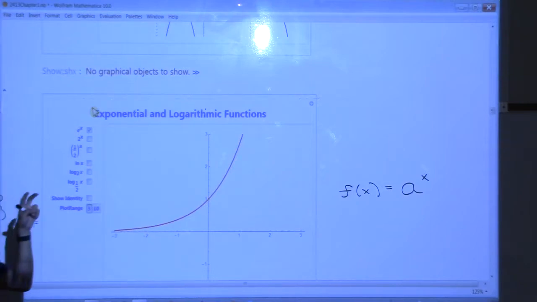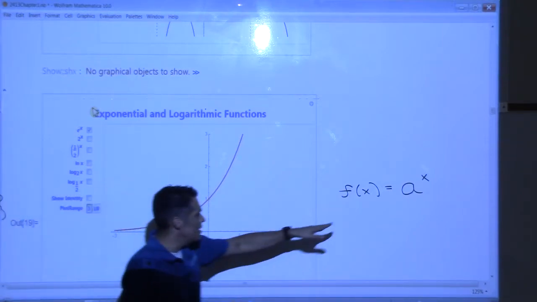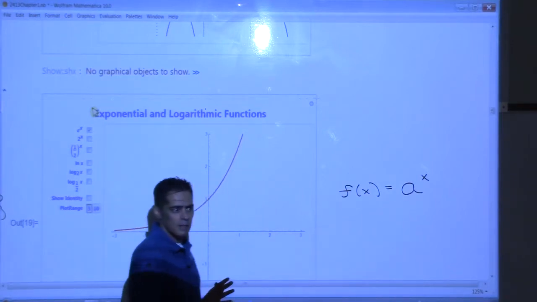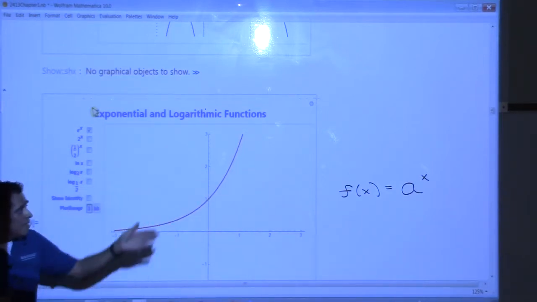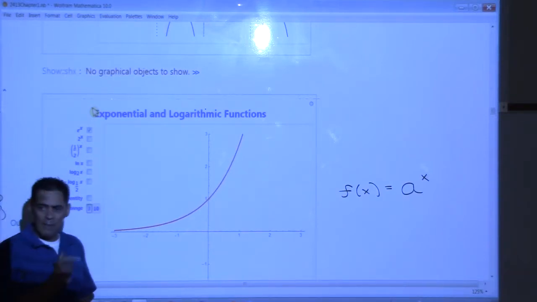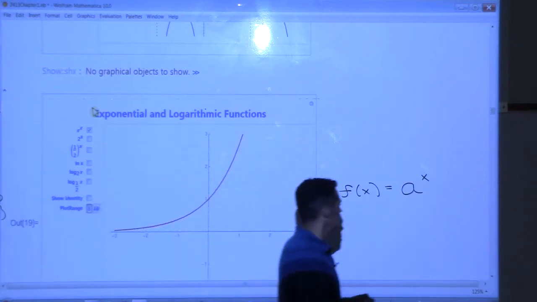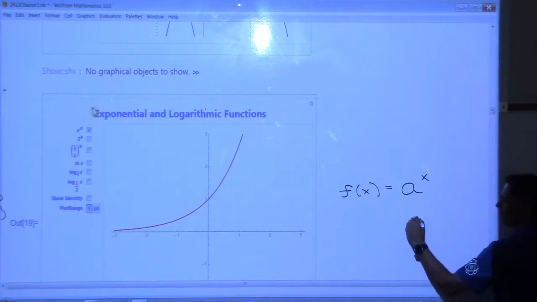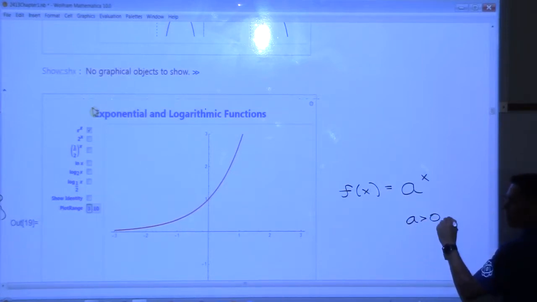Like, can I use any number I want here, or is there some sort of restriction? Can I use -1 as the base of an exponential function? No, I cannot. When you're taught about exponentials, hopefully you're told that this number right here must be positive and can't be 1.